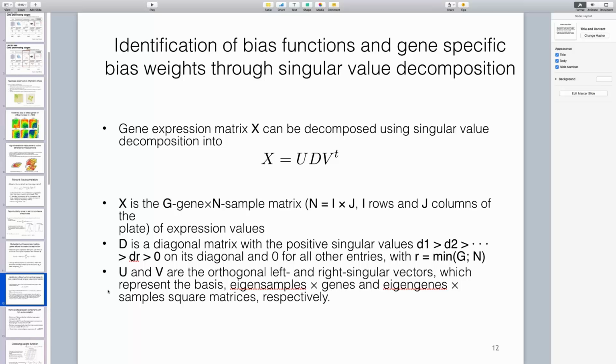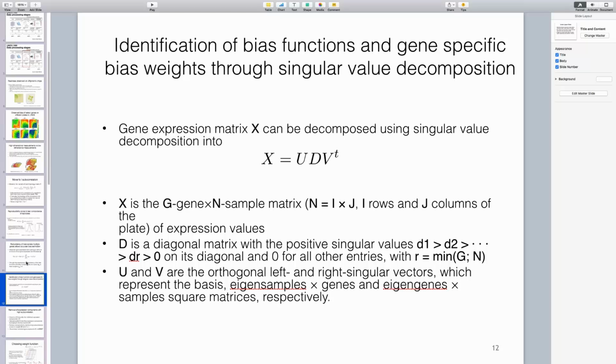We can decompose this matrix X using singular value decomposition, and we get three matrices out of it: U, D, and V. The beauty of this decomposition is that it gives us exactly the definition that we had in the slide before.